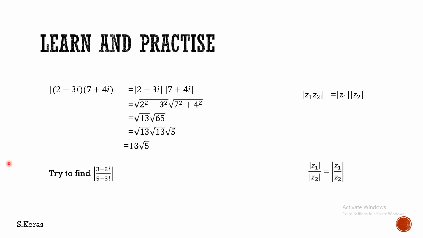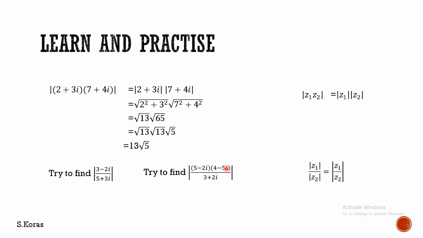So take modulus of the numerator, take modulus of the denominator, then divide, and you'll get the answer. Similarly, try to find the modulus of this. This is also very simple. Just take modulus of this, multiply these modulus values. Then find modulus of this denominator, then divide the numerator value by it.